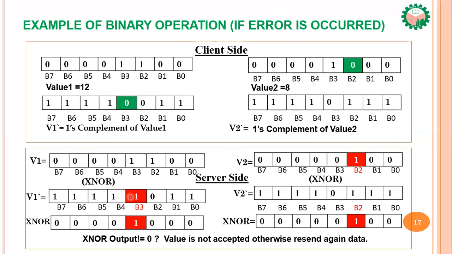We can observe here that in value 1, the B3 position of the one's complement has changed from 0 to 1. Similarly, in value 2, the B2 position has changed from 0 to 1. So the XNOR operation is not 0, so it requests that the data be resent from the client.